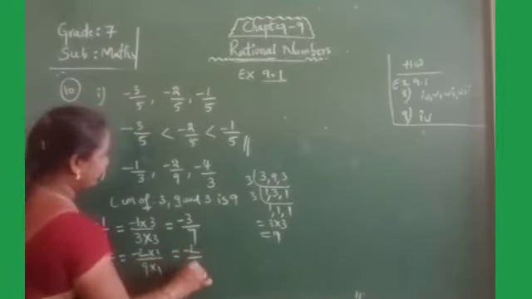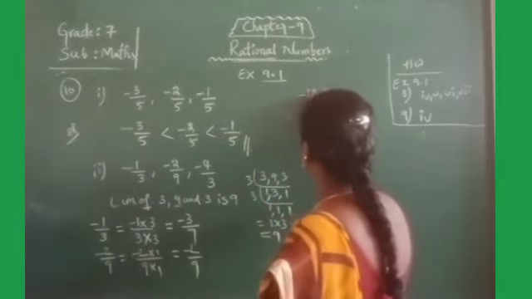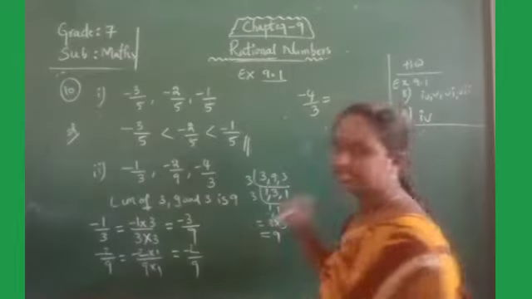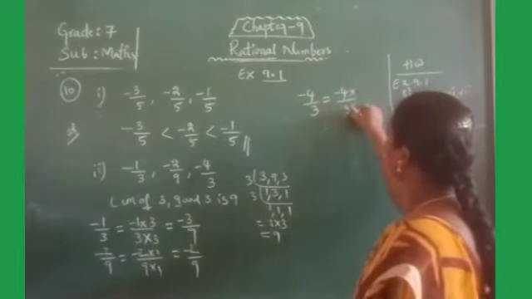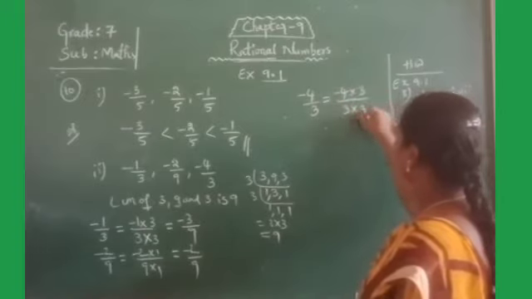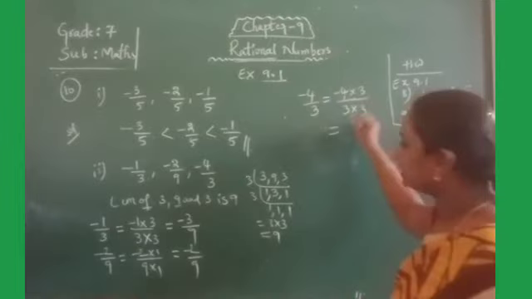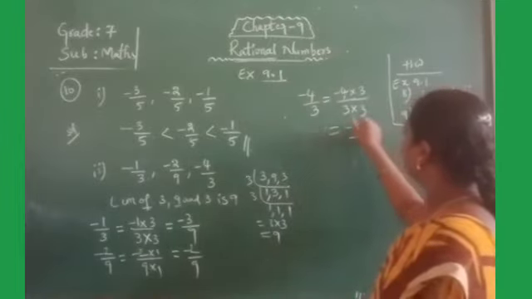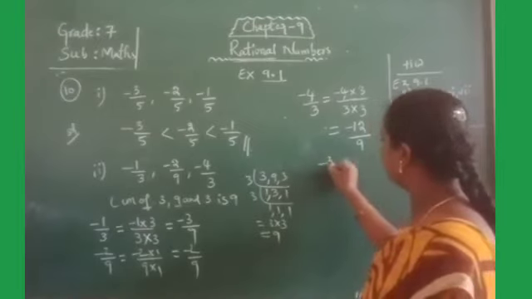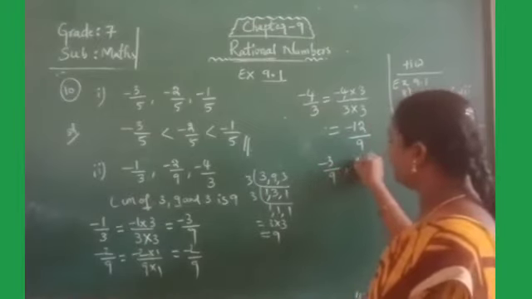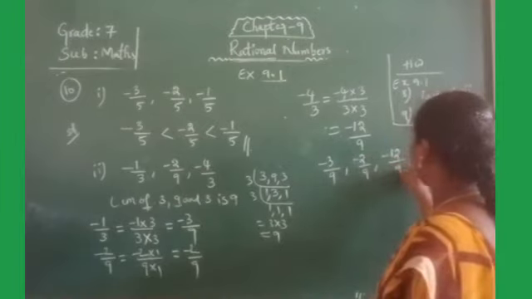You will get minus 2 by 9. Similarly, minus 4 by 3. What is the equivalent rational number? Multiply the numerator and denominator by 3. We will get minus 4 into 3, 4 threes are 12, by 3 threes are 9. Now write all rational numbers: minus 3 by 9, minus 2 by 9, minus 12 by 9.